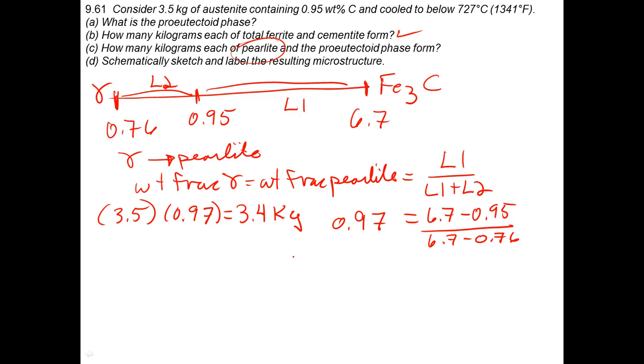Taking the total system weight times that mass fraction, I can calculate that I've got 3.4 kilograms of perlite, which of course includes the lamellar structure of ferrite and cementite.